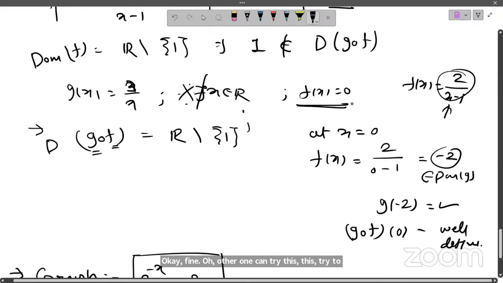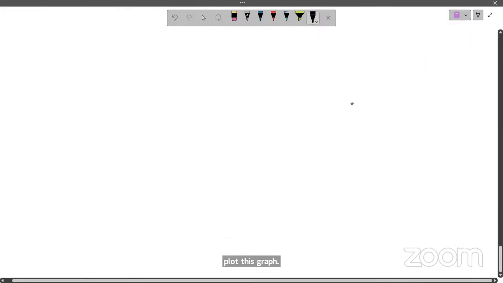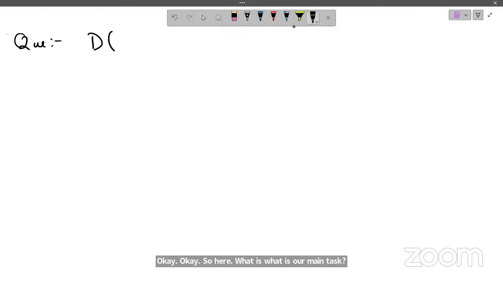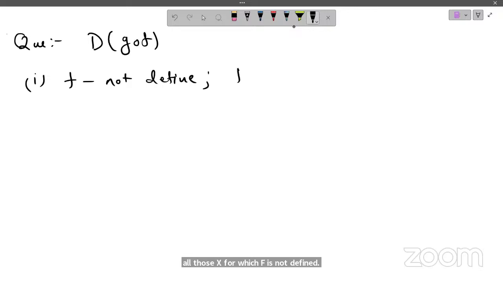Okay. So here, what is our main task? Our question is that we have to find the domain of g composite f, right? So by the first rule, we want to exclude all those x for which f is not defined. What is our f of x?